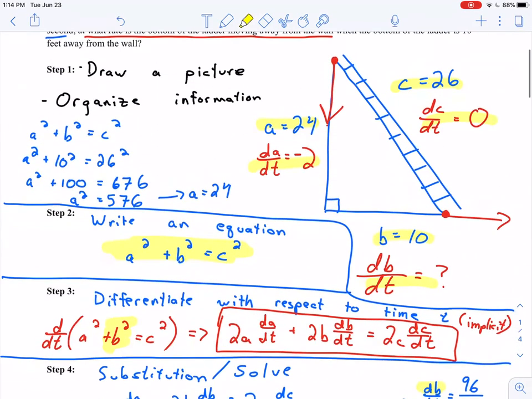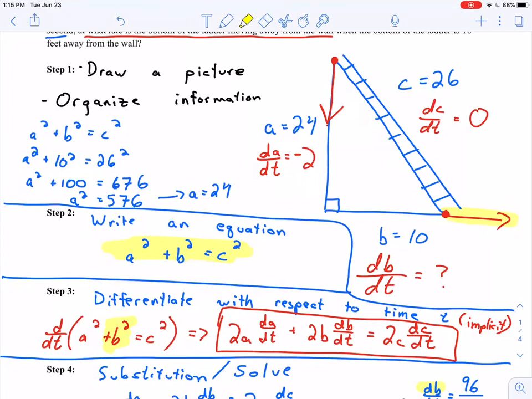Well, let's go look at our triangle, and let's erase some of this stuff. dB dt, that's the rate of change of this side right here. What's happening to this side? We said over here it's getting longer. So if the rate of change is positive, that side is getting longer. That seems to make sense. If we have a positive derivative, that side is getting longer.